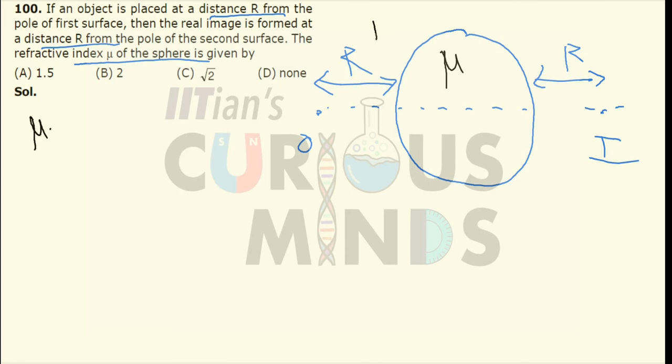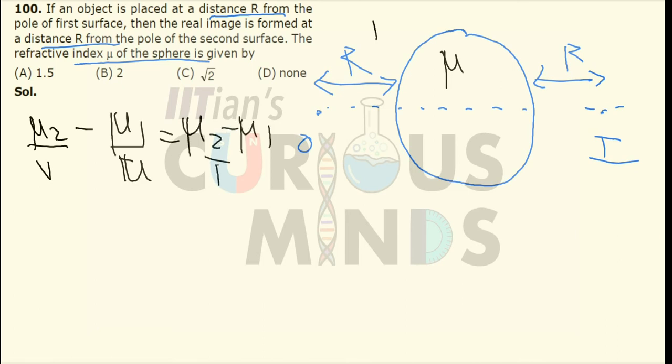We will substitute the formula of the refraction at single surface, that is mu 2 by v minus mu 1 by u is equal to mu 2 minus mu 1 divided by R. So basically mu 2 over here is equal to mu, the final distance I do not know the value, mu 1 is equal to 1, the object distance is equal to minus r, mu 2 minus mu 1 is mu minus 1 divided by r.